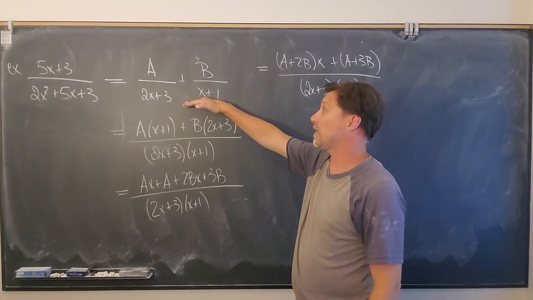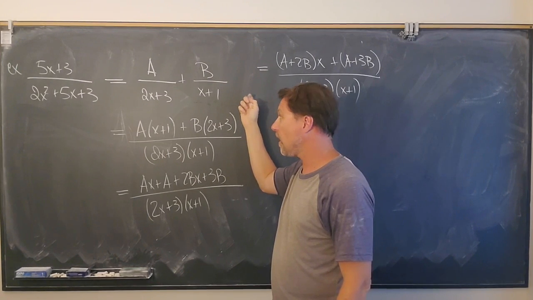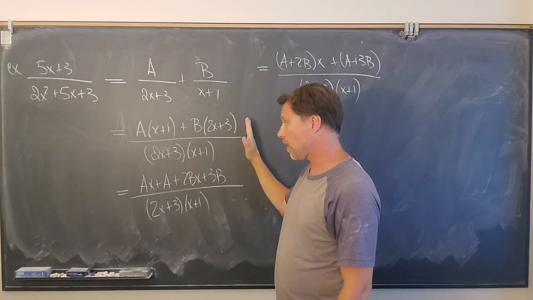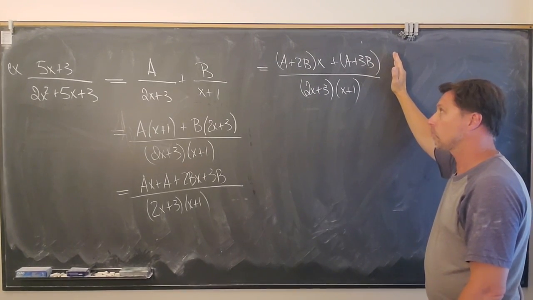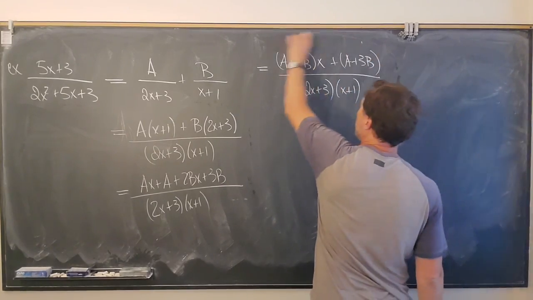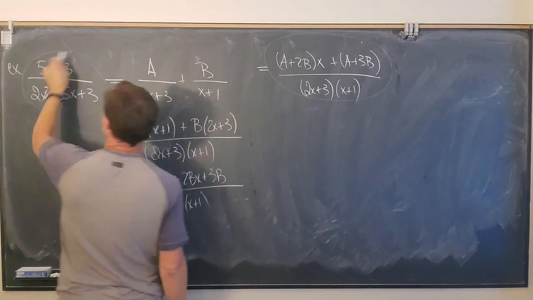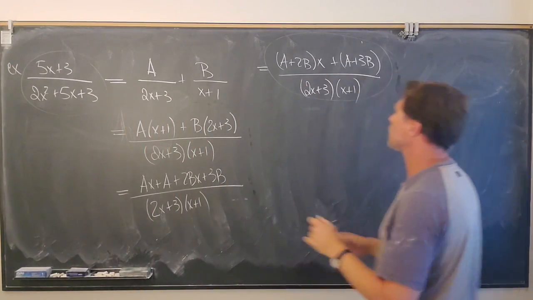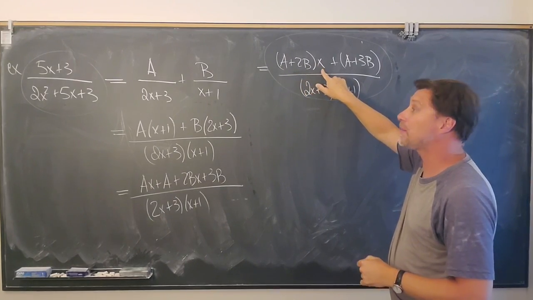So let's review those steps real quick. First, express it as a constant over the first factor plus a constant over the second factor. Get a common denominator, multiply out, and then group the terms. At this stage, looking at this fraction right here, it has to match this fraction right here, which tells us that the numerators have to match. And so notice right here, I've got (a plus 2b) times x.